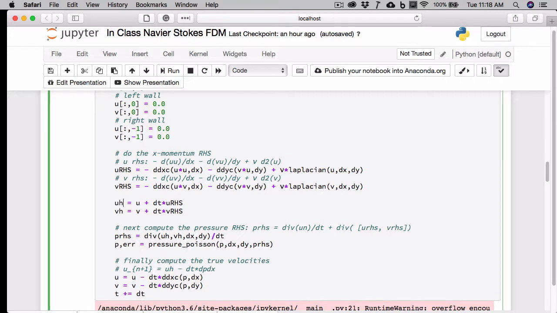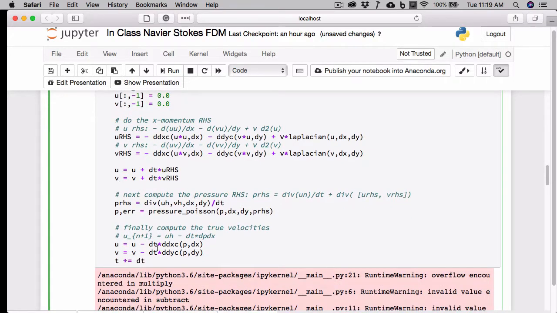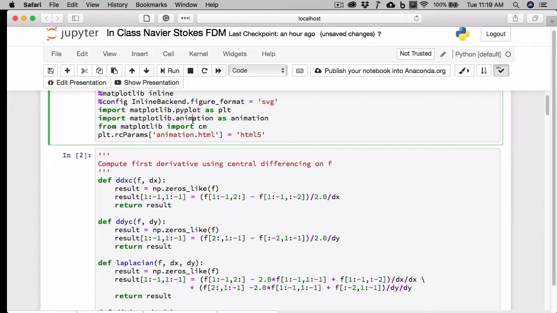Now I'm worried about UH. The values for UH at the boundary are not correct, I'm afraid. Oh no, okay, I know the problem. This should be UH and VH. Let me run this again.